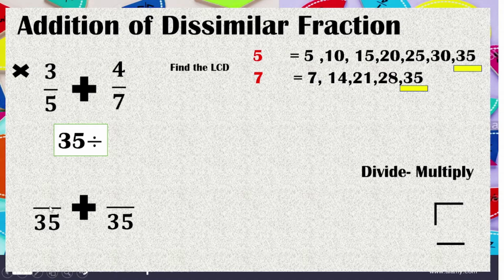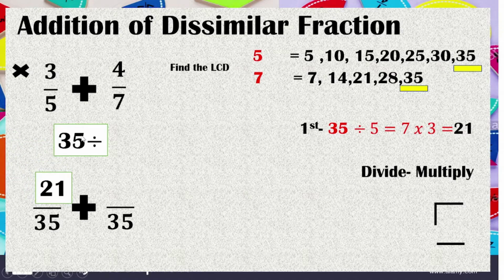Kukunin pa natin yung numerator. So, 35 divided by 5, itong first fraction, is equal to 7. 7 times 3, i-multiply sa numerator, the answer is 21. Again, 35 divided by 5 is 7, times 3 is 21.